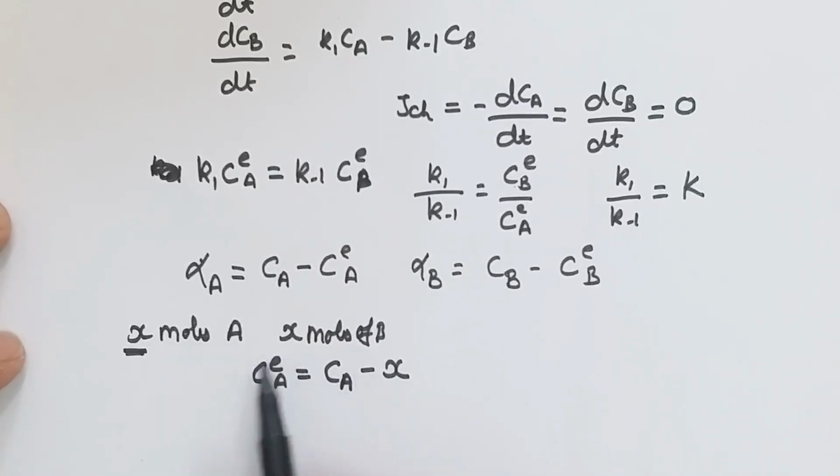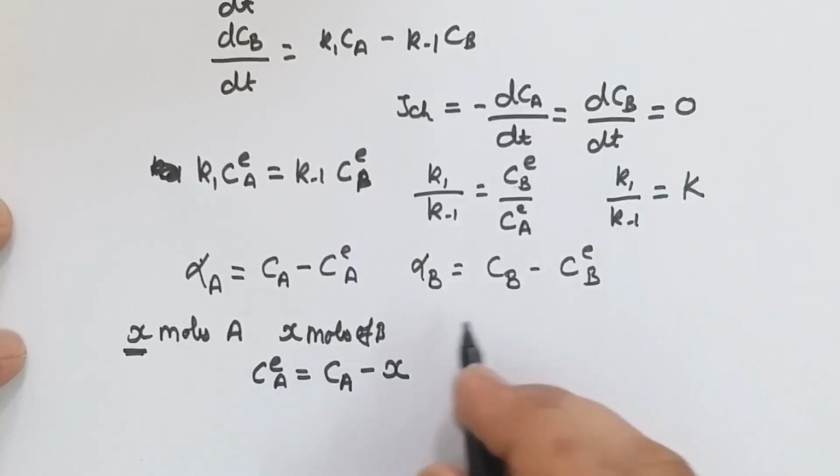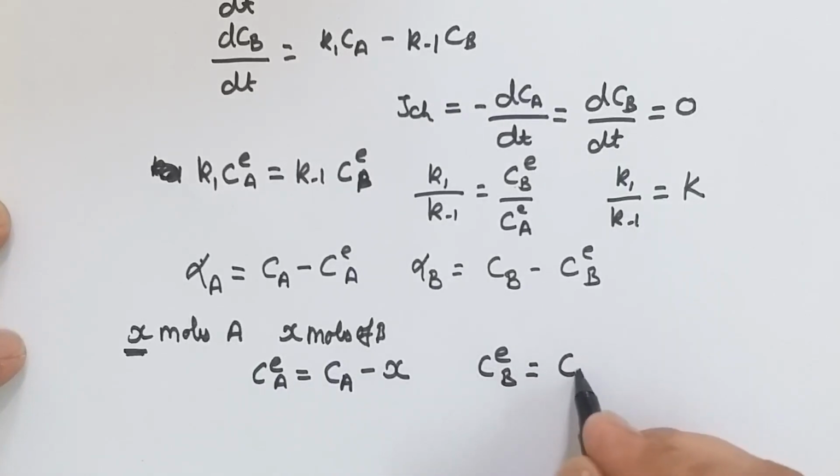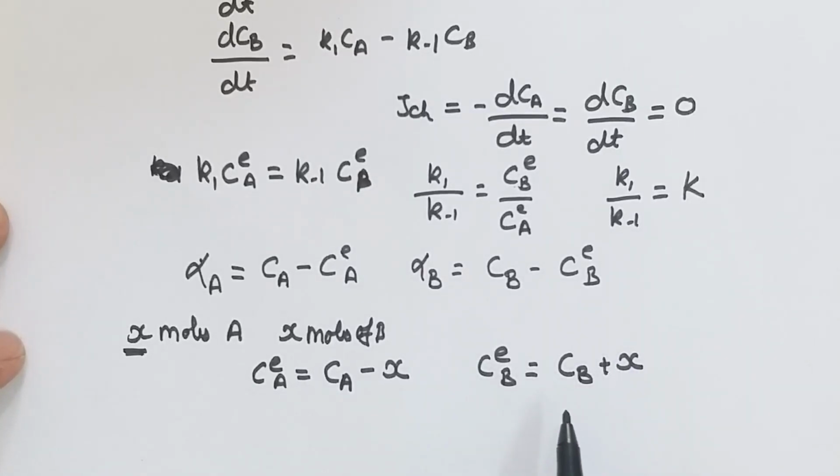So the concentration of A at equilibrium is CA minus X. And similarly, CBE we can write as CB plus X, because when equilibrium is reached, X moles of B is formed and this adds to the concentration.